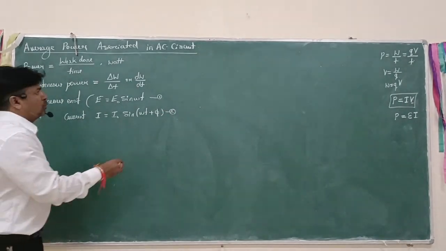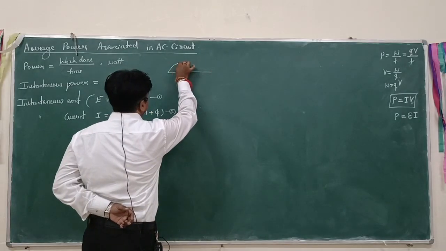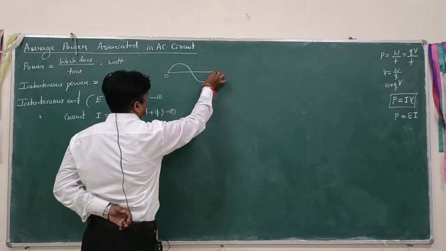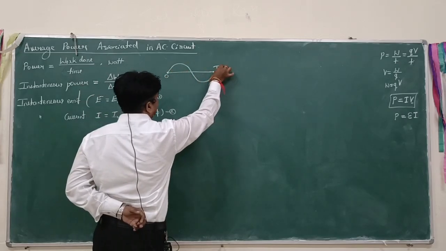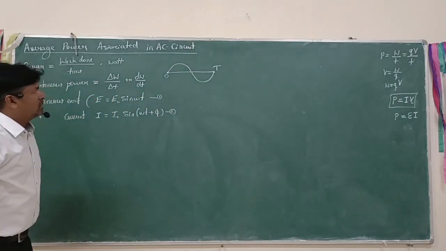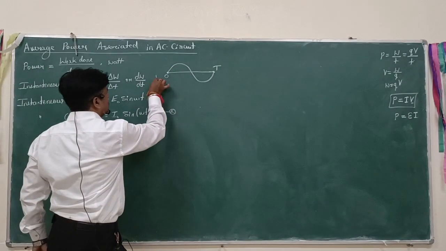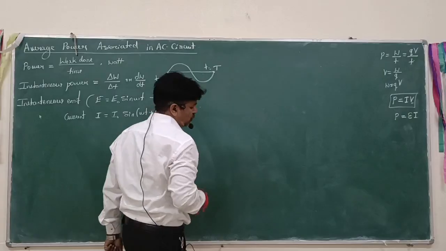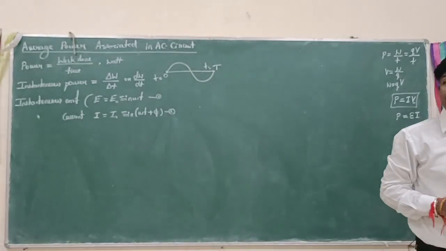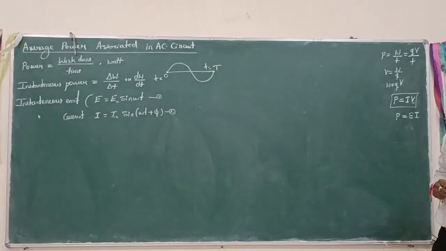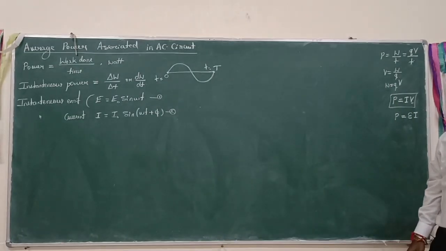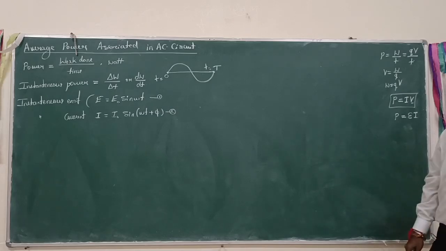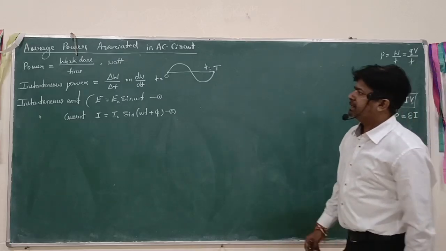So during one cycle of AC current, here the time is 0, and to complete one cycle it takes a time capital T. So one cycle is from T equal to 0 to T equal to capital T. This is the time period for one cycle. So we have to calculate the work done in one cycle. Here the limit delta T tends to 0.